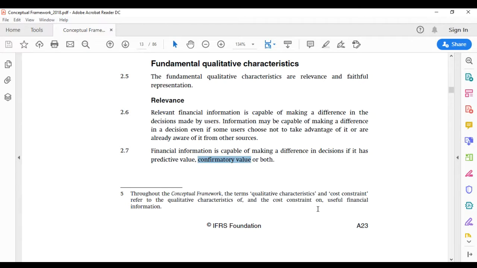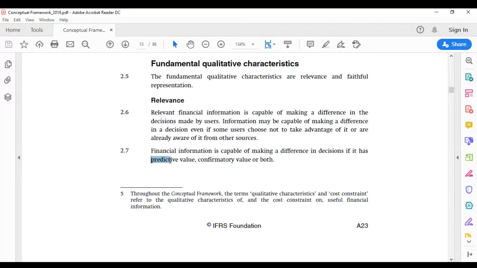What happened during the course of the year ended, let's say, 30th of June 2020, right? So that is confirmatory value. So if it provides the users of the financial statements with information that confirms the financial position of the company, or the cash flows of the company, or the results of its operations, then we say it has confirmatory value.